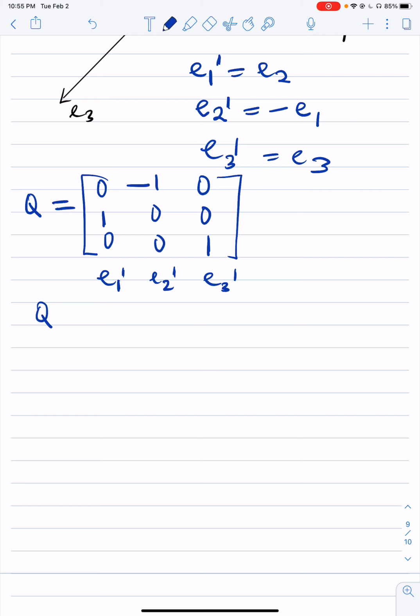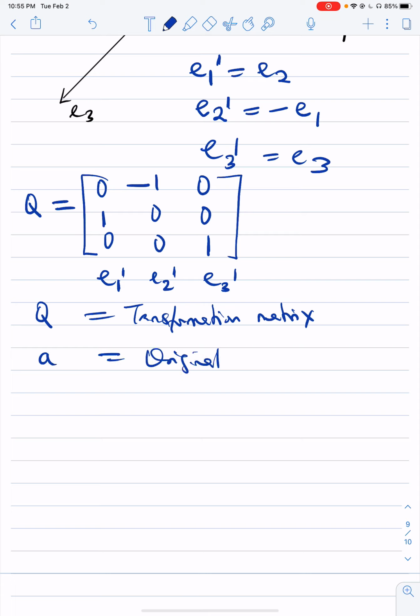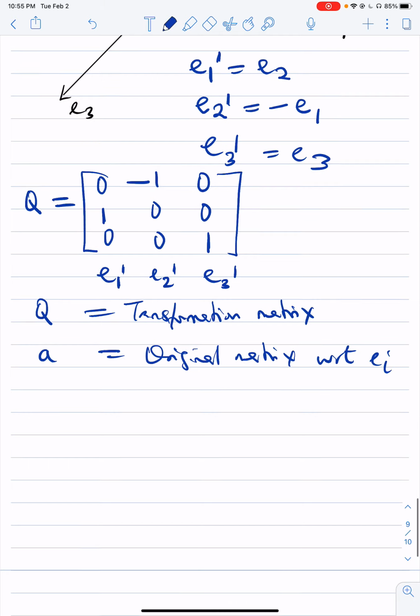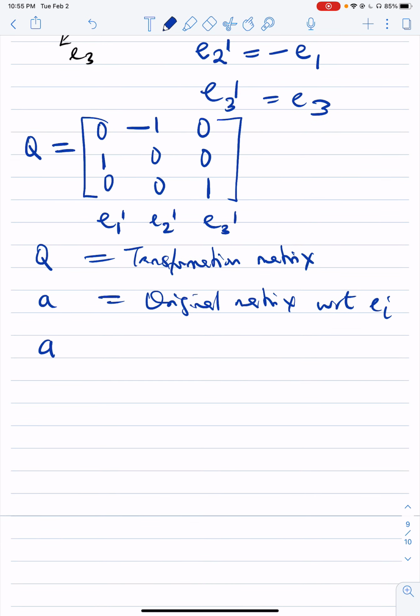Now, we have Q, which is the transformation matrix. We have A, which is the original matrix with respect to E_i. Now we still have A prime, which is still the original vector, but this time with respect to E_i prime.